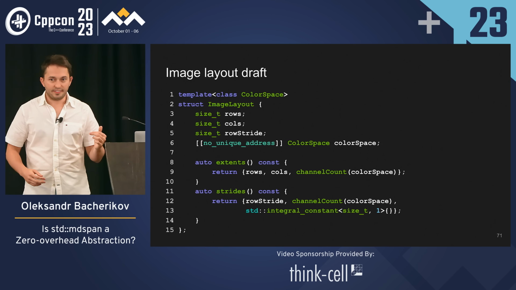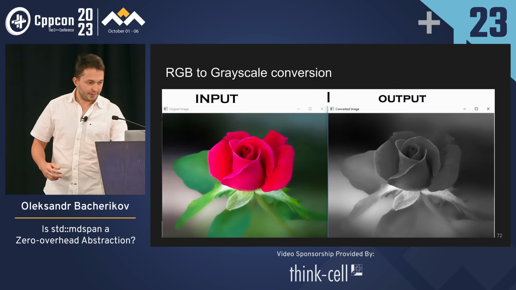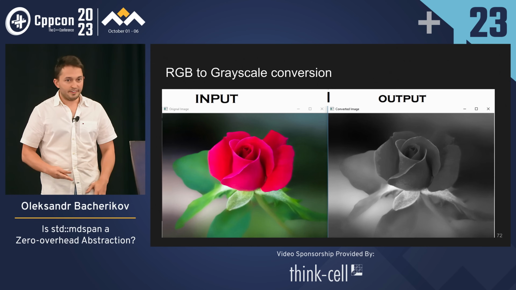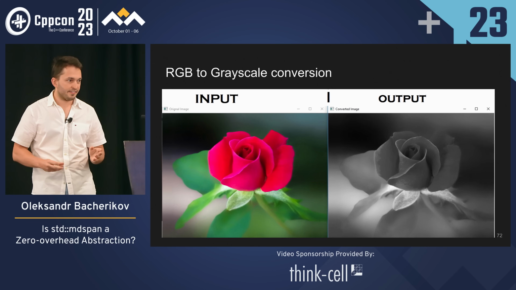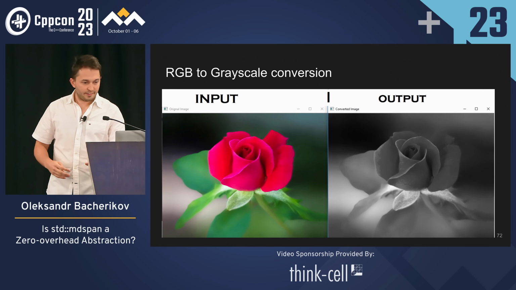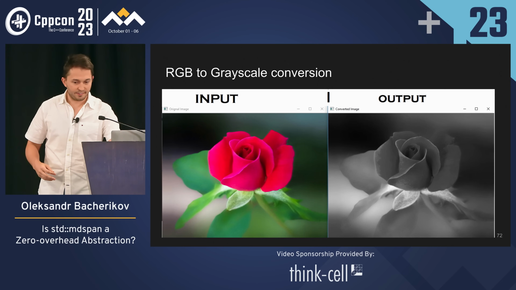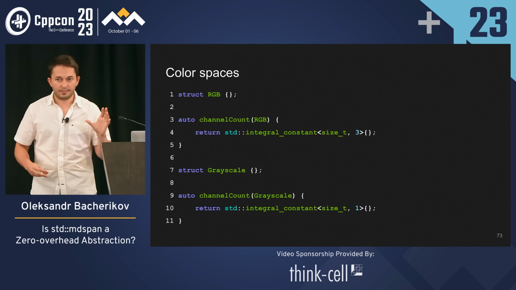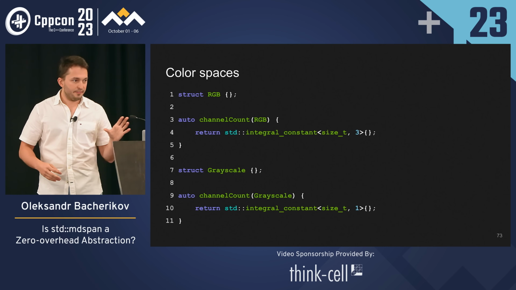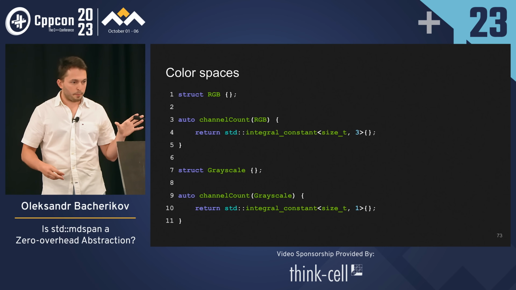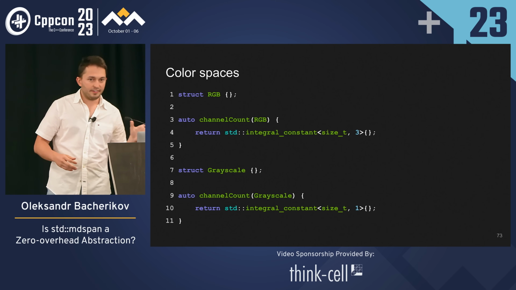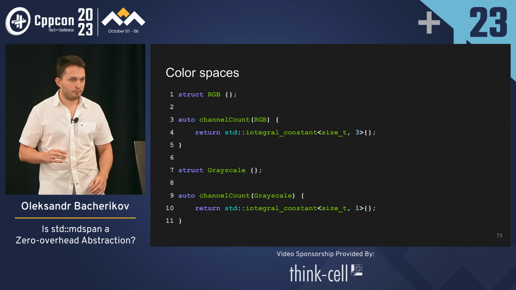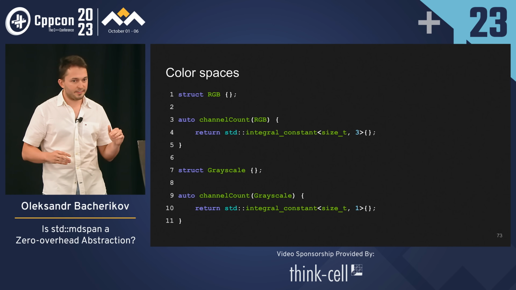Then let's look at the most common image operation, which I think is an RGB to grayscale conversion. I think everyone conceptually knows what this is, so let's continue. To implement that example, we could somehow define color spaces. Here I define them as tag dispatch structures, conceptually, and somehow specify their sizes at compile time.